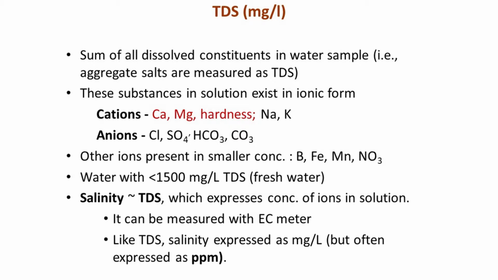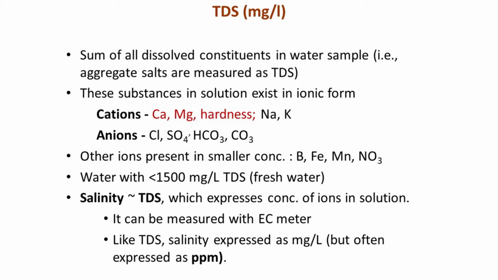The other ions may be present in a smaller concentration like boron, iron, manganese and nitrate. These can be calculated from the electrical conductivity by multiplying it with 0.64. So water with less than 1500 milligram per liter total dissolved solids is considered as fresh water.